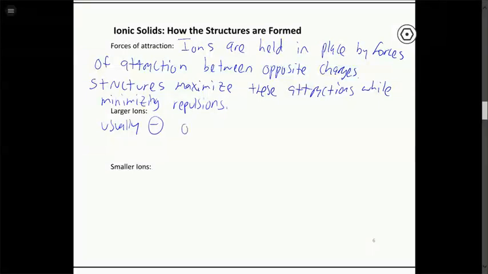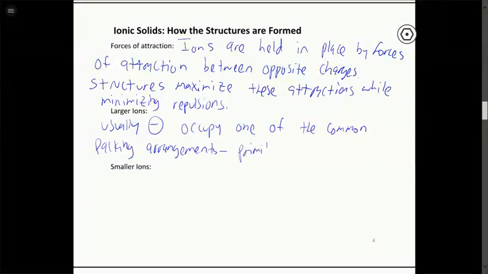And the larger ion is going to occupy one of those cubic structures that we talked about with regards to metals. So it's going to occupy one of the common packing arrangements that we talked about last time, which is going to be primitive cubic, face-centered cubic, or hexagonal close packing.